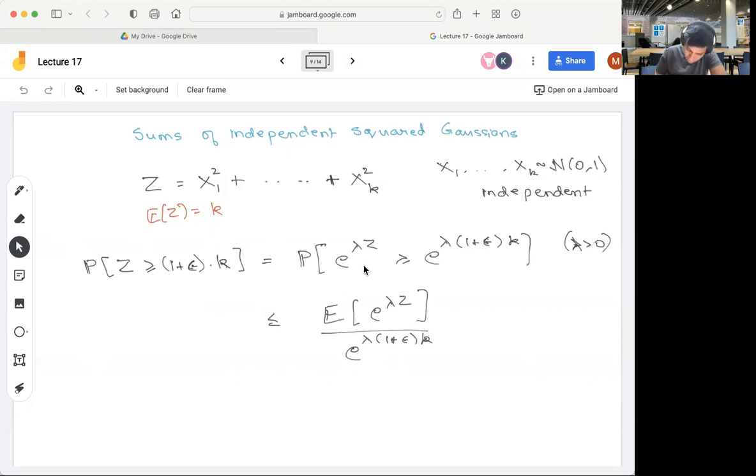And just as before, this is kind of easy to compute because of independence. So e to the lambda Z is a product of e to the lambda times xi square. And because these are independent, we can write this expectation as a product of expectations.